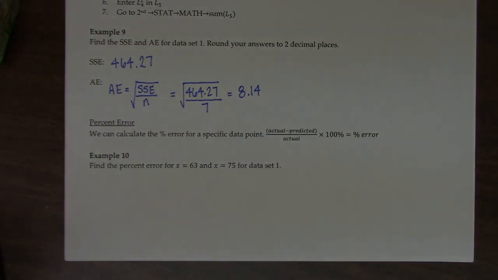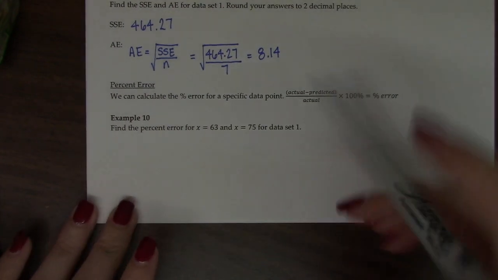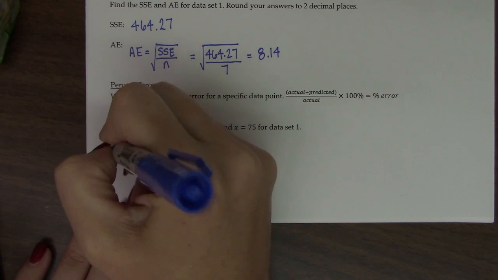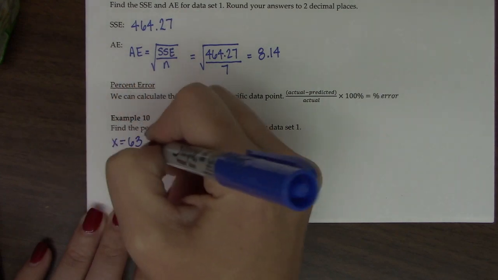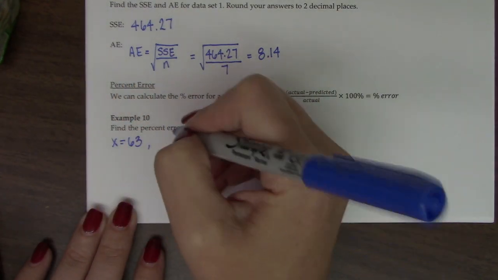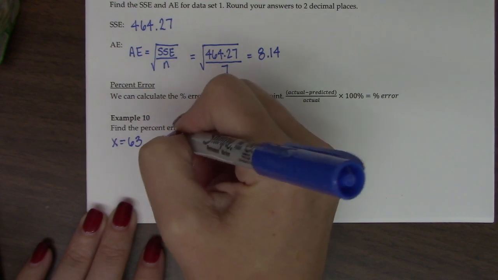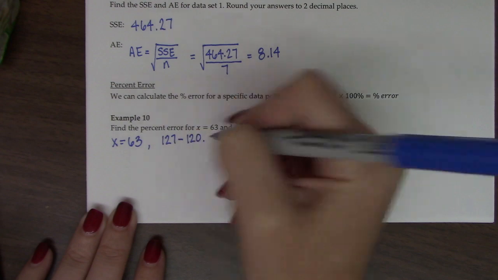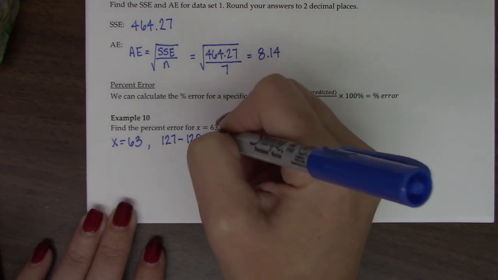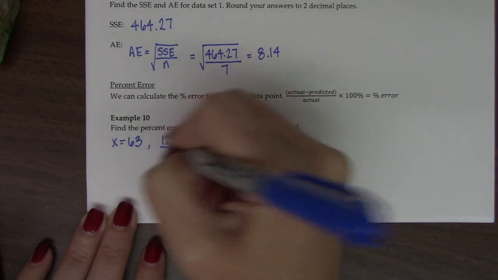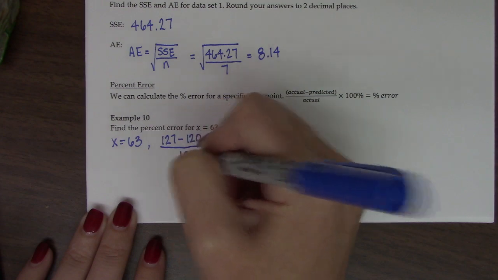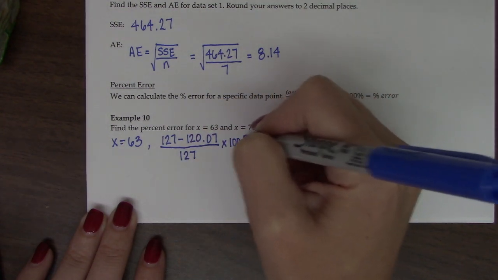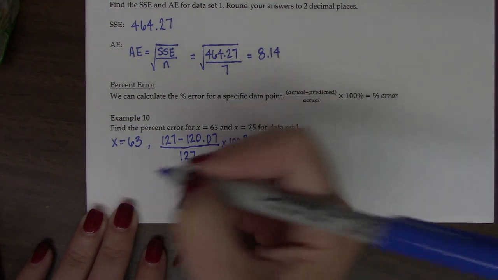So I'm going to write this down. For x equals 63, the percent error is going to be the actual value of 127 minus the predicted value of 120.07, divided by the actual value of 127, and then we're going to multiply that by 100%.